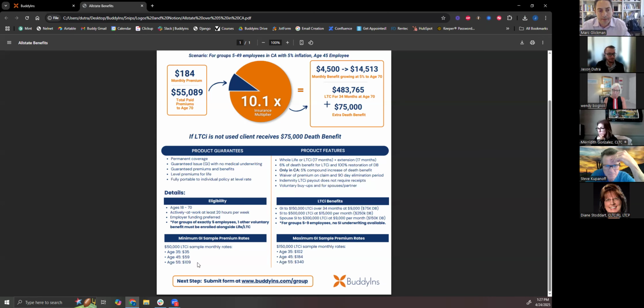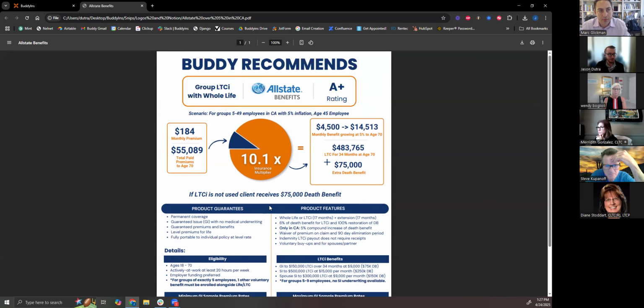Sample pricing is also here, but this is your one pager for the conversation. As long as you can talk them through how your typical benefit buddy snip works, this is what I would use as my conversation tool. So for a 45-year-old employee, we're looking at $184 a month.